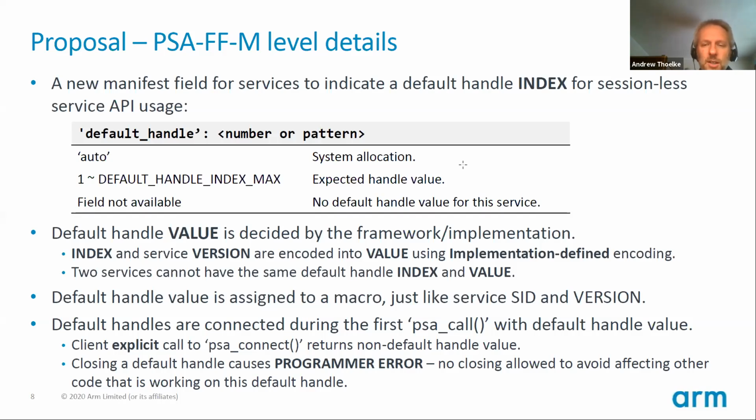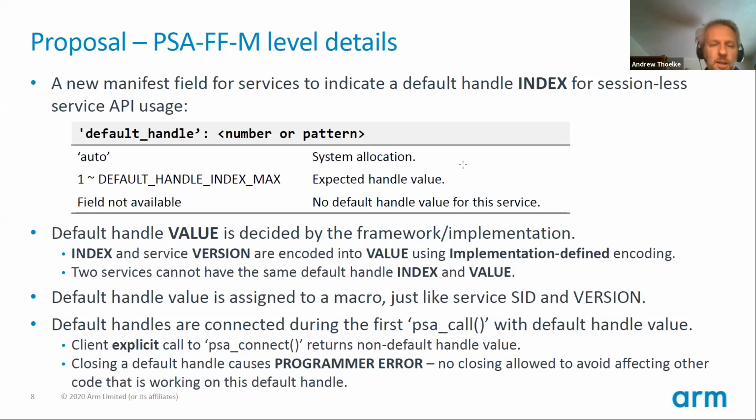So just like the service ID and the version are encoded in macros by the tooling, the actual value would end up being put into a macro which is named after the service in the same way. So the fact that the implementation actually decides what the value is is covered by the fact that the source code just uses the handle name.